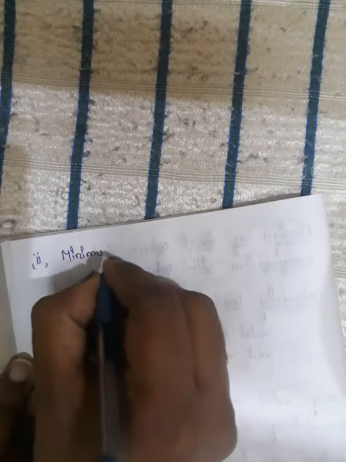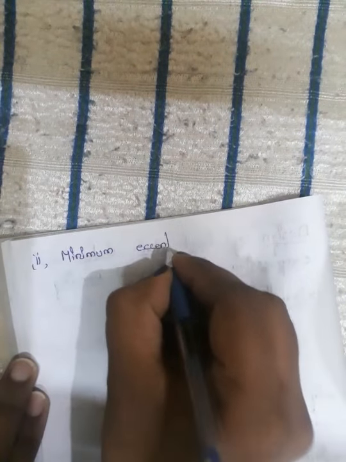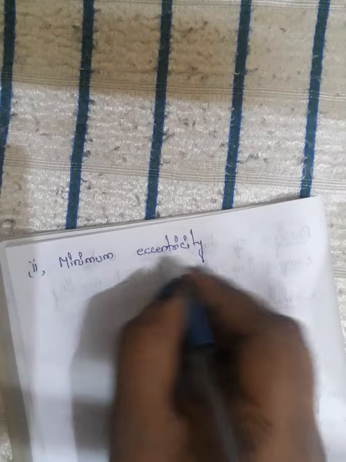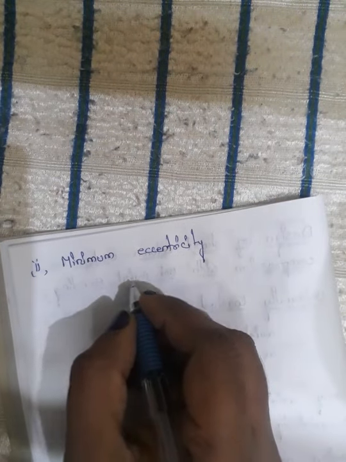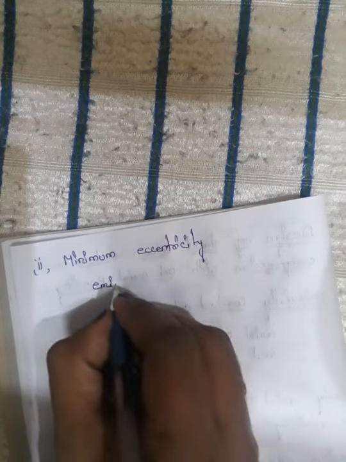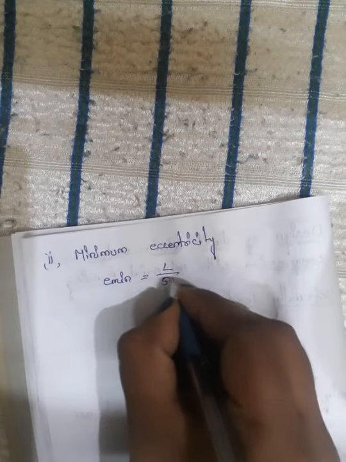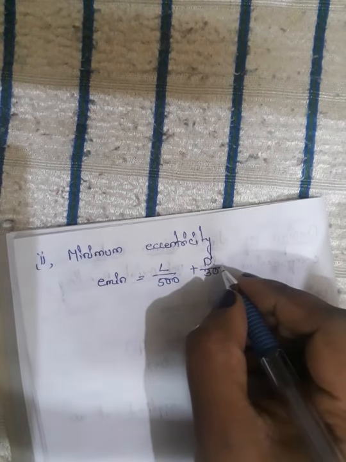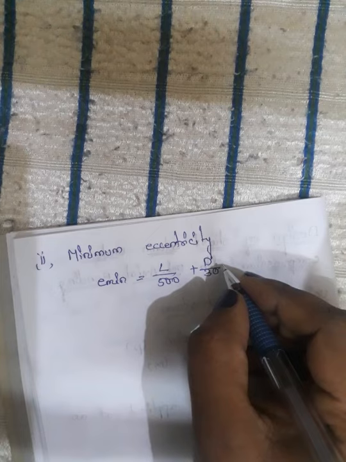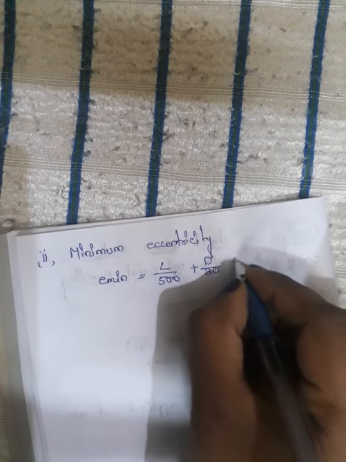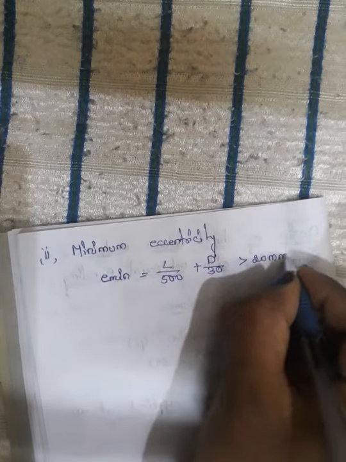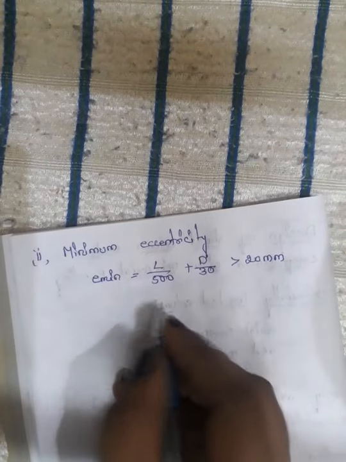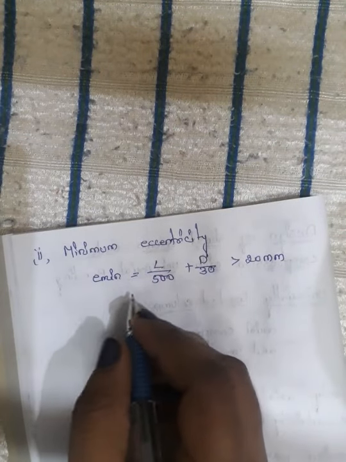Minimum eccentricity e minimum is equal to L by 500 plus D by 30, subject to a minimum of 20 mm. This formula we have taken from IS 456 page 42.